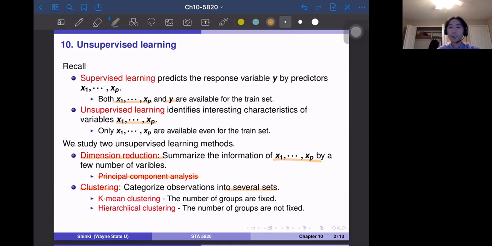So we don't necessarily need the response information, the answer, the label, to classify two groups. If the two groups are very different, then we can still classify them into two. And we study k-means clustering and hierarchical clustering. Hierarchical, I think one I is redundant. Is that right? Yep.